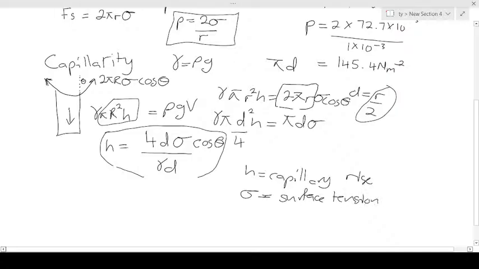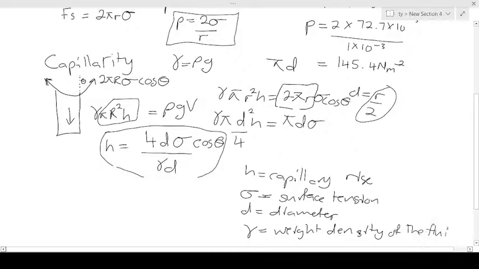Your d is your diameter. And then your gamma is your weight density of the fluid.